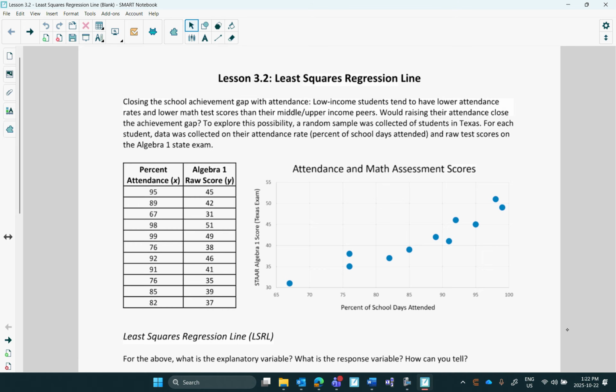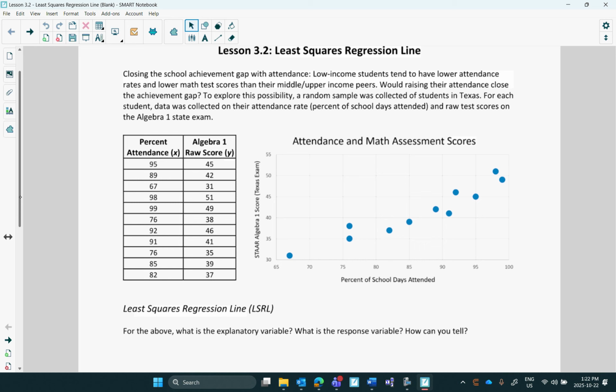Now, what we want to do with data like this, bivariate data, is we want to make predictions. And in order to make predictions, like I've said in the previous lesson, we want to be able to fit a line, because if we can get a line, we can get an algebraic equation, which means we can make actual predictions.